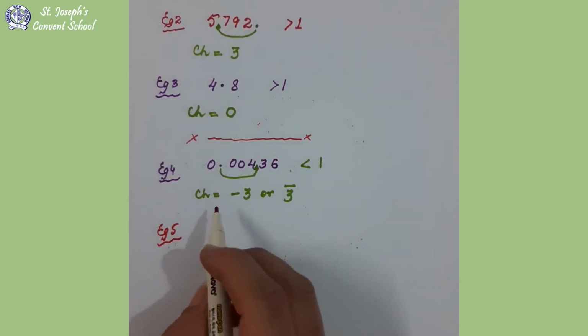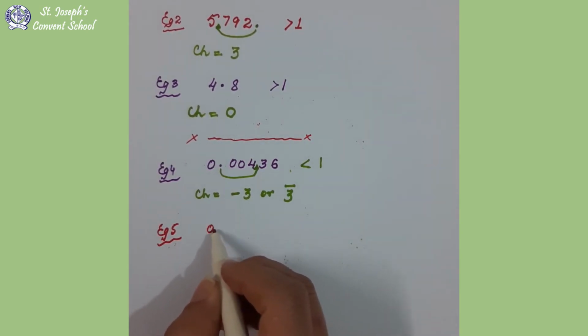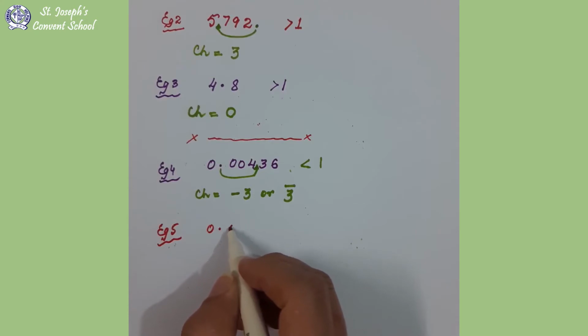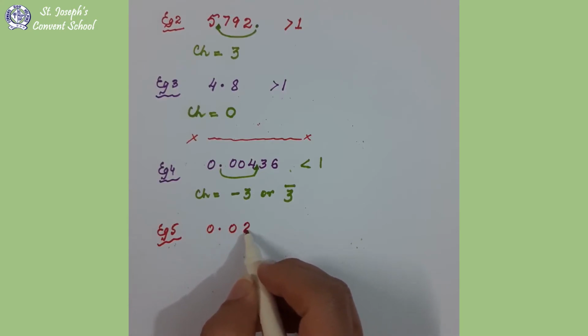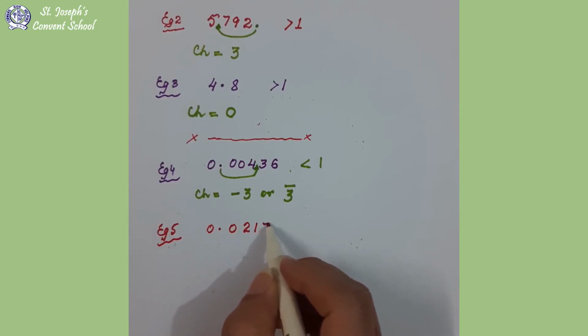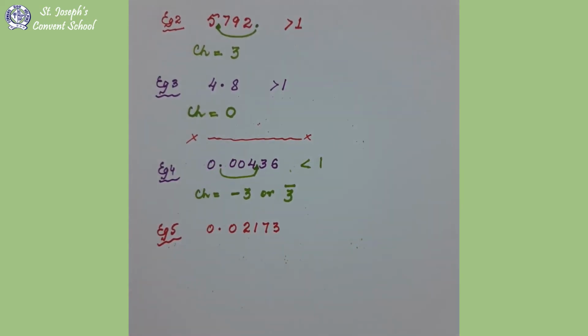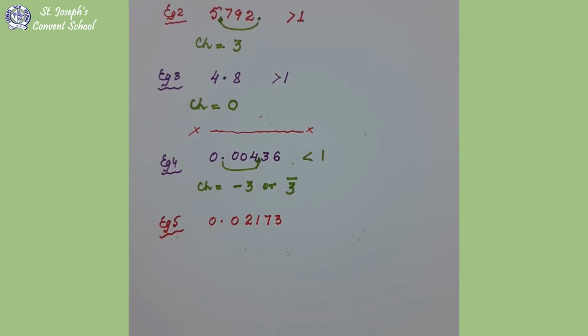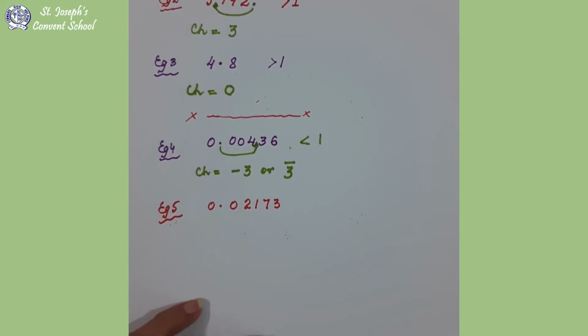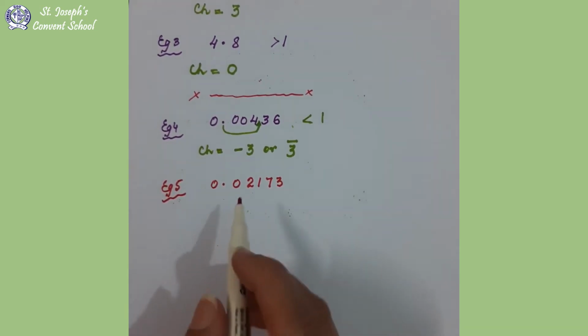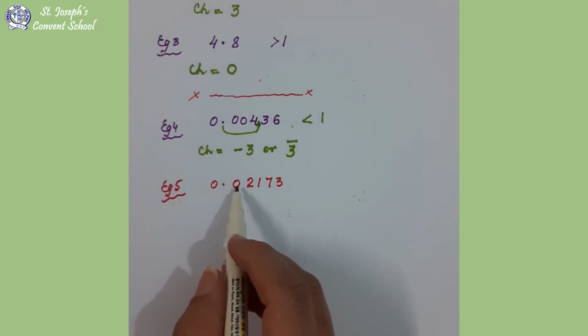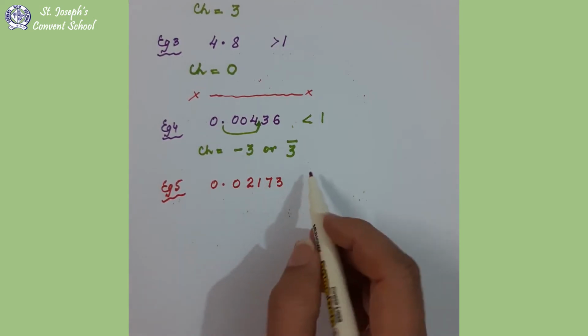Suppose the number is 0.02173. Now this is the number, and you can again see the number is less than 1. 0.02 is smaller than 1.